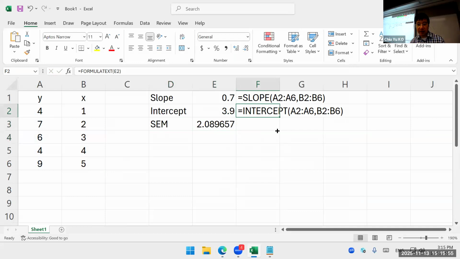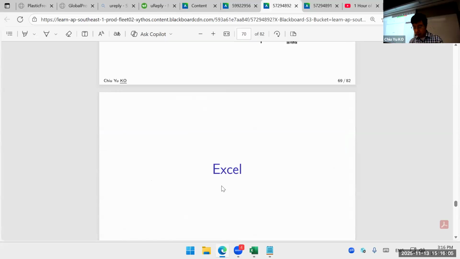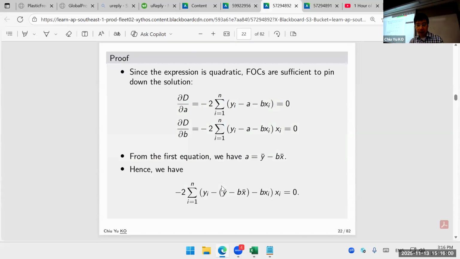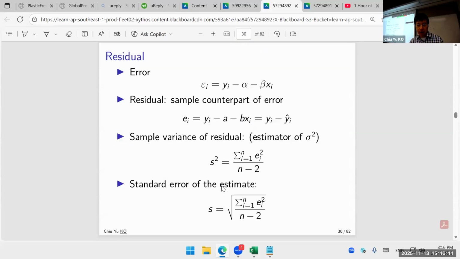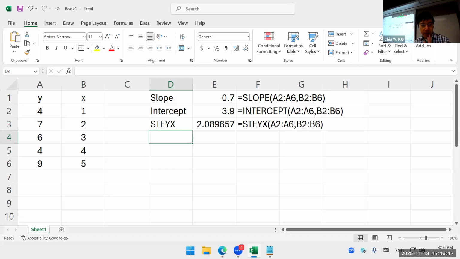This should be the same as what we just saw. STEYX, standard error YX. So this number is the same as the one we just showed you, and it should be the same as this one. I don't know why it is different, but it should be the same. There's some rounding error here.